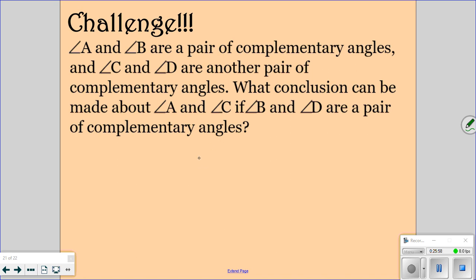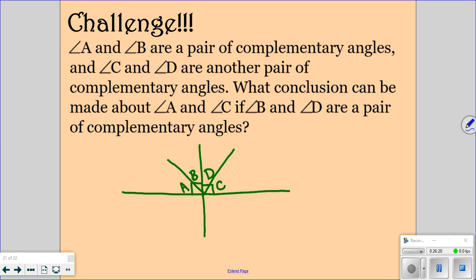So I'm going to draw this is angle A, and this is angle B, and this is angle C, and this is angle D. So these are a right angle, and these are a right angle.